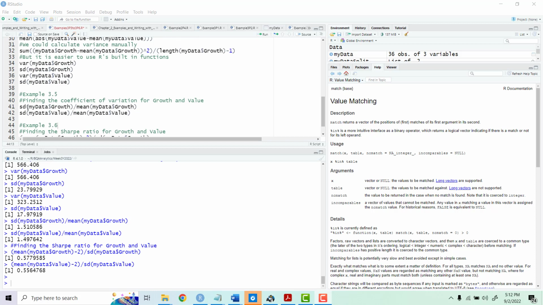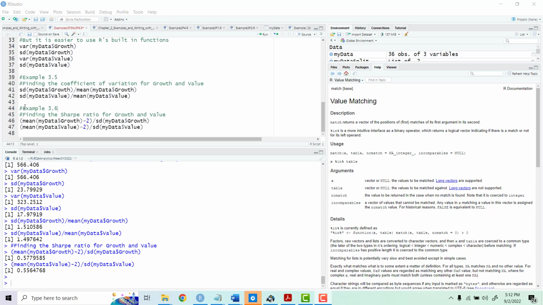Okay, so now we've done measures of both dispersion and central tendency, so we can compare them. From page 92, we have the coefficient of variation, which is a measure of how much risk there is relative to the actual value of the asset. It's just the standard deviation divided by the mean.